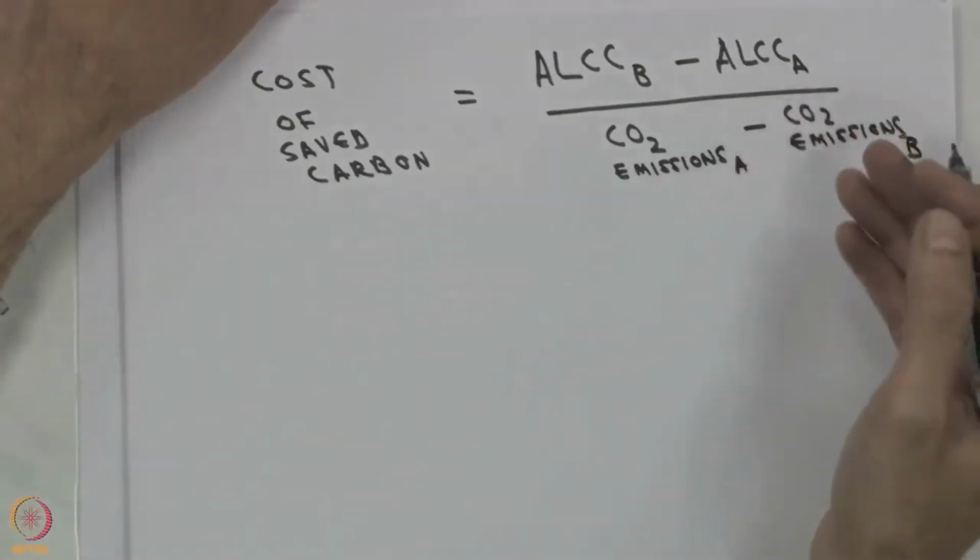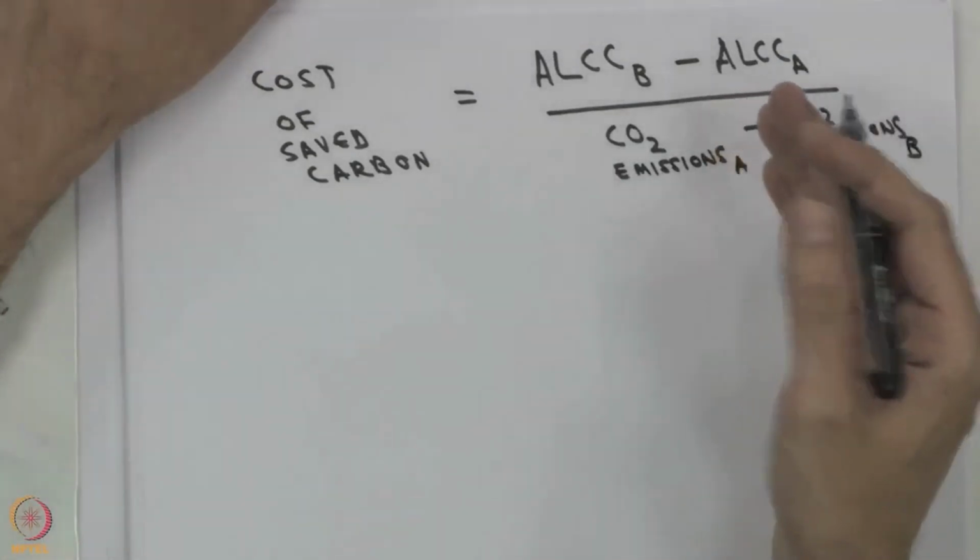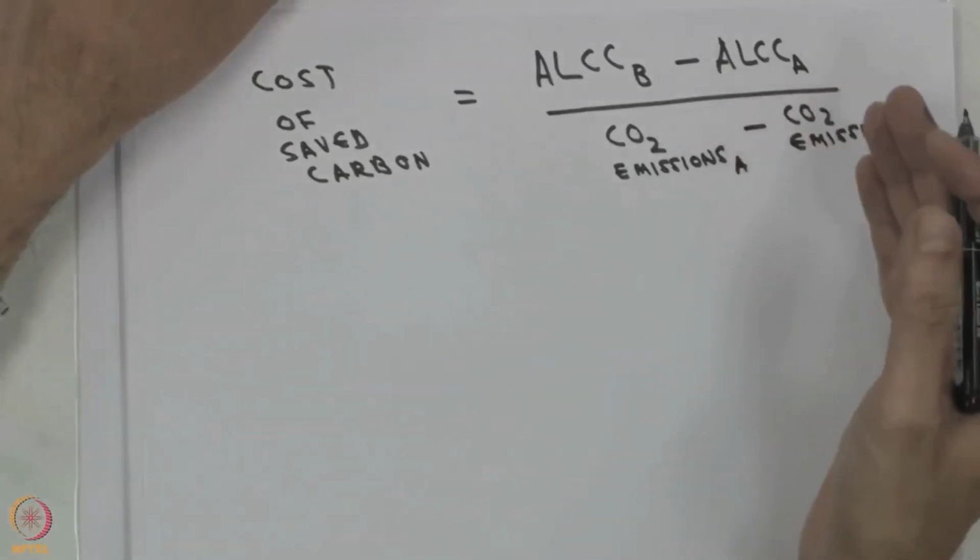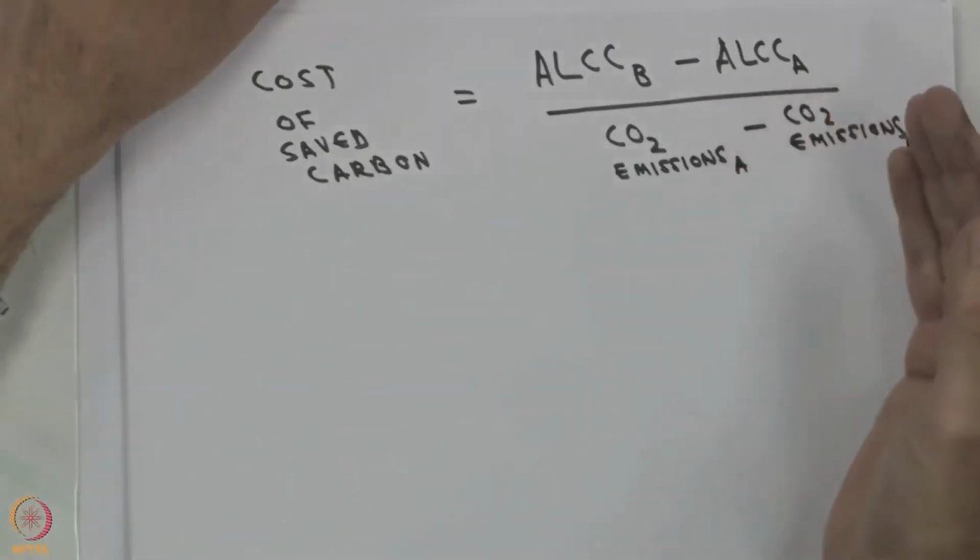If we have that value, we can add it up. This will be typically of the order of 20-30 grams per kilowatt hour. So, it is relatively small.